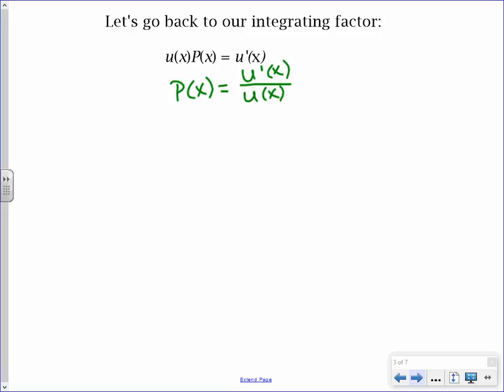Do we have any sort of derivative rule that gives us u prime over u? It is the log. So this is the same thing as taking the derivative of the natural log of u of x.